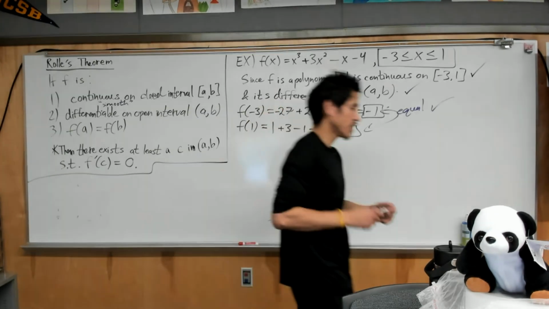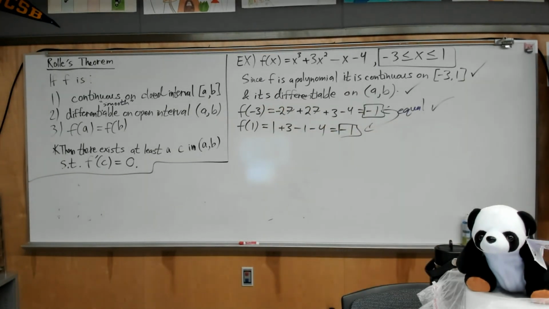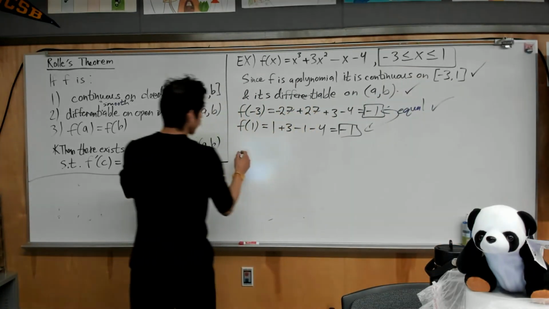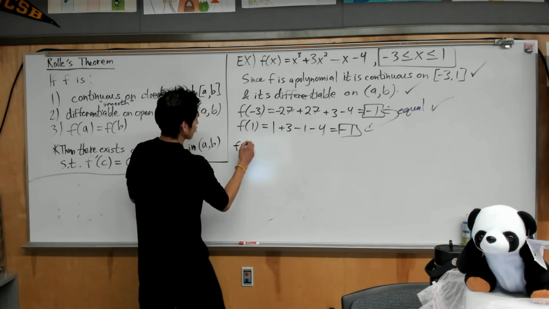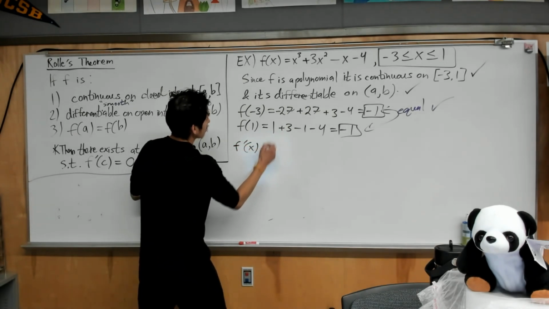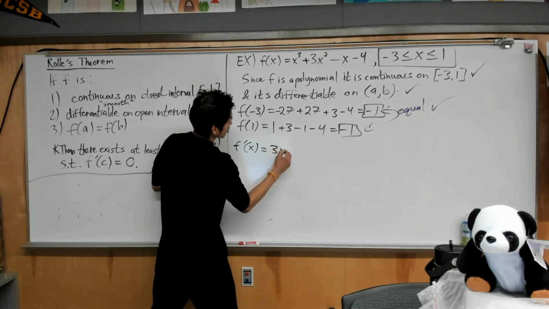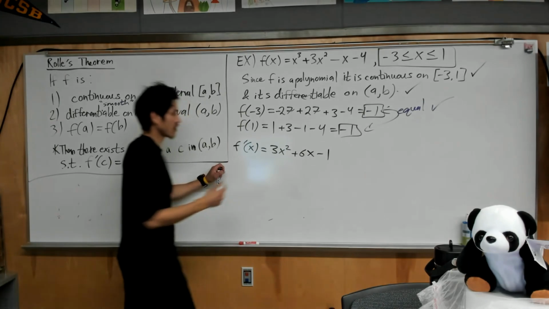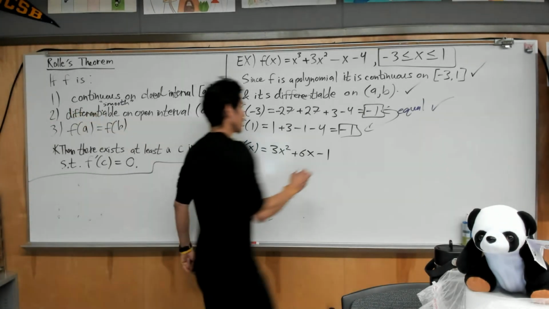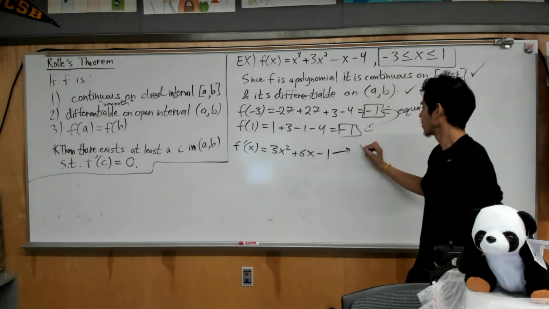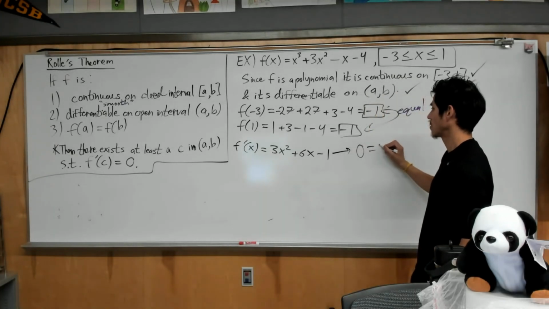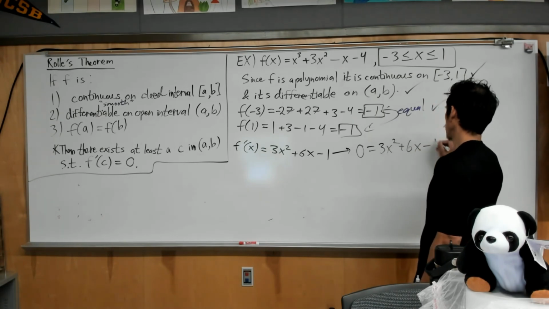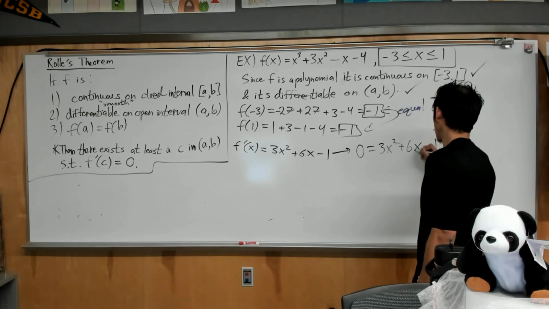Is this marker dying? Yeah. So f prime of x is going to be 3x squared plus 6x minus 1 using the power rule. Let's set this equal to 0: 0 equals 3x squared plus 6x minus 1.